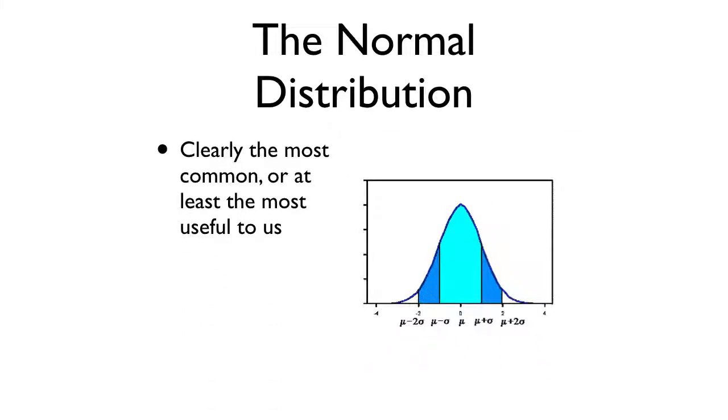So the most common distribution, and at least it's the most useful. It may not be the most common one. It is common enough in nature that we can make some statements, but there's a lot of examples in intro stats books that are just wrong.